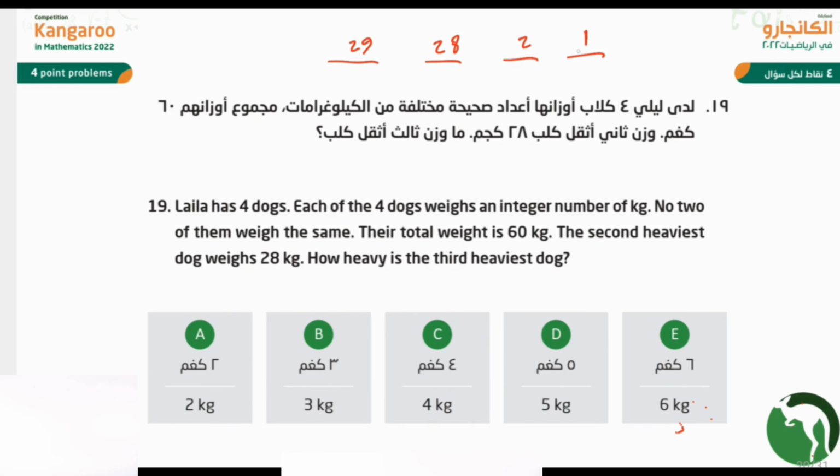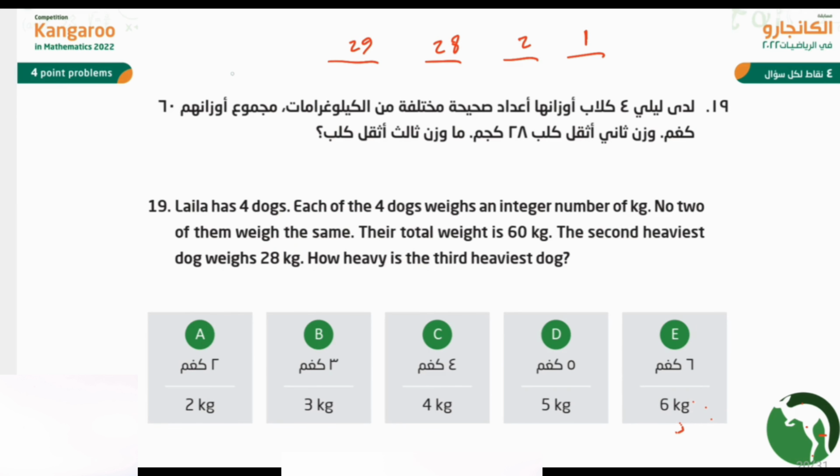because the weight should be an integer number, and we don't have two dogs with the same weight. So here I cannot give the first one 30 because I will just end up with 2 kilograms, and I cannot divide them equally to the rest of the dogs.